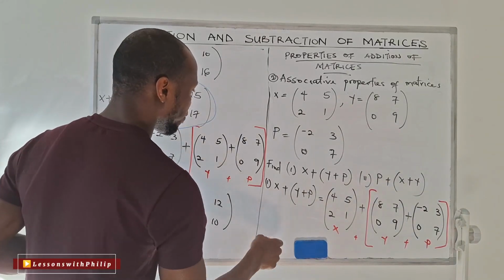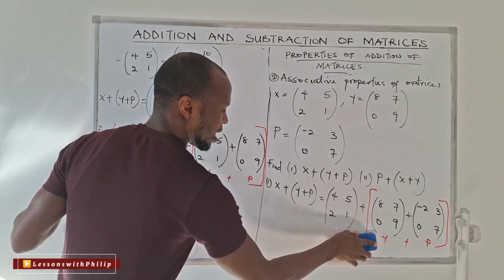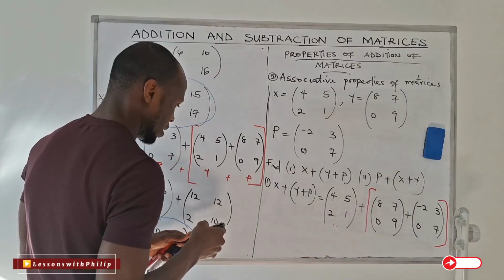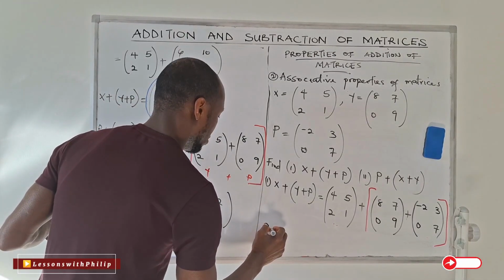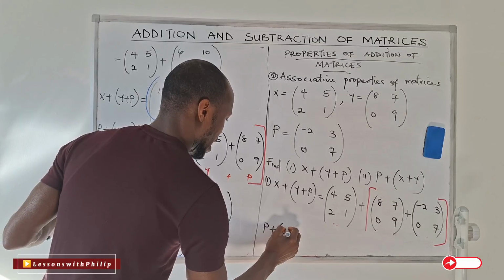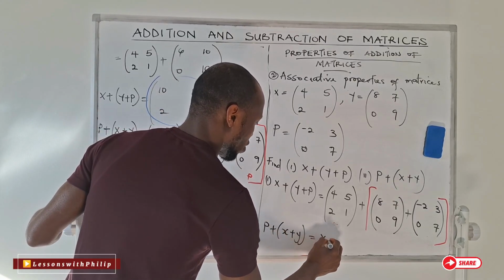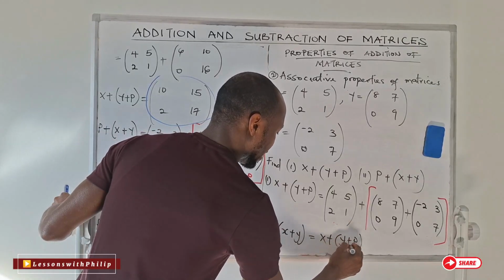And therefore, if these two are the same, then where can I write? Let me write it here. Automatically, your P plus X plus Y, which is also the same thing as your X plus Y plus P, are the same.